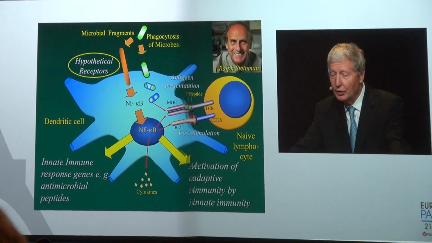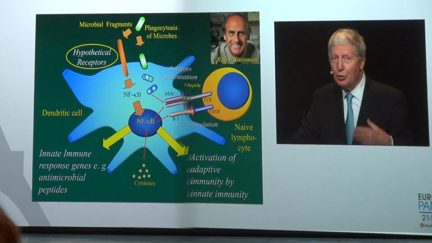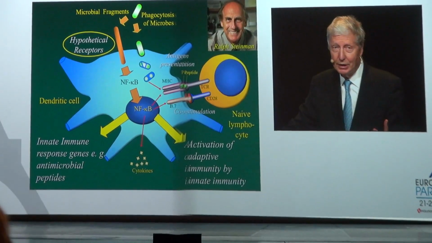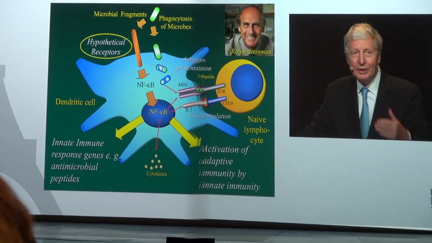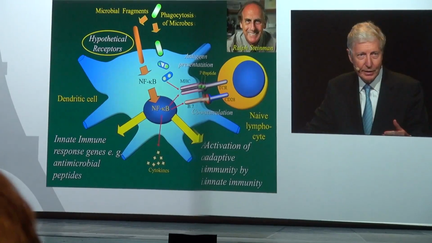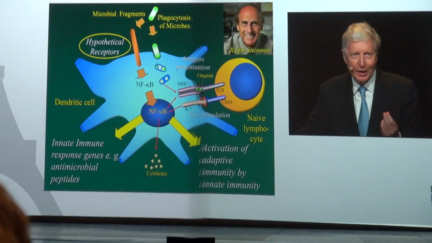So in other words, we are here in the presence of lymphocytes, which will give a strong adaptive immune response, but to do this, they need to be stimulated, was the hypothesis, by the innate immunity, and for which there was a rationale in the story.